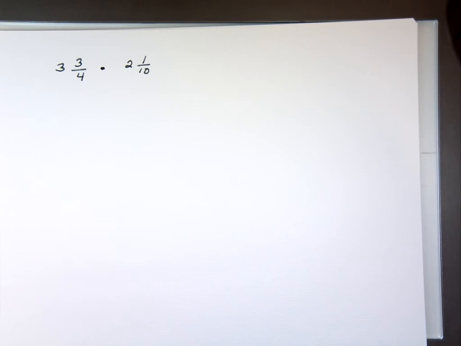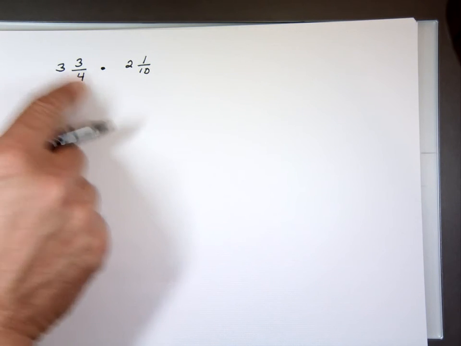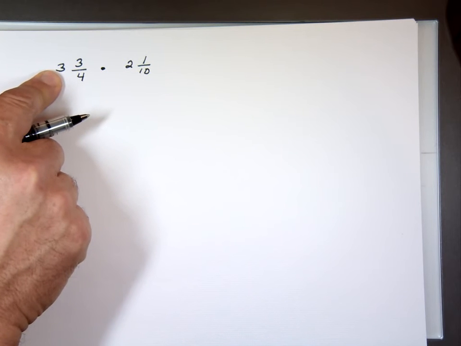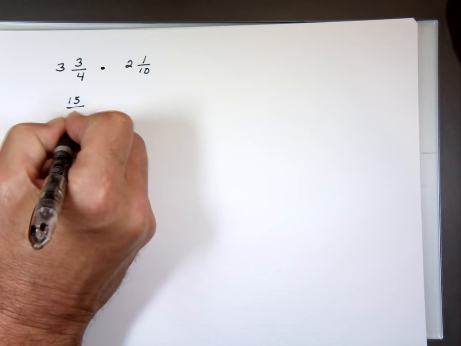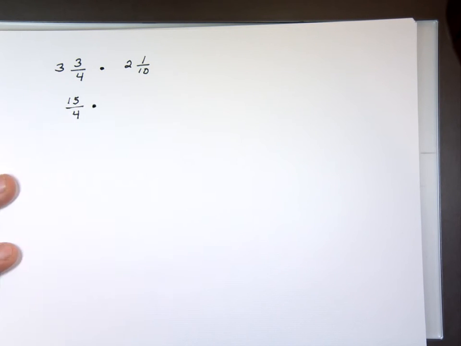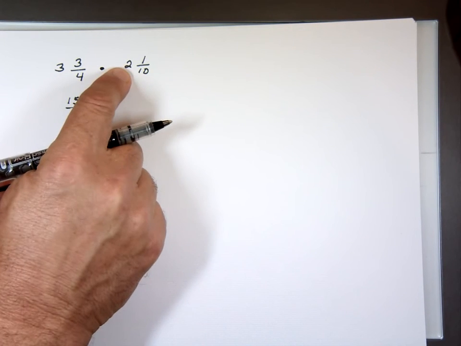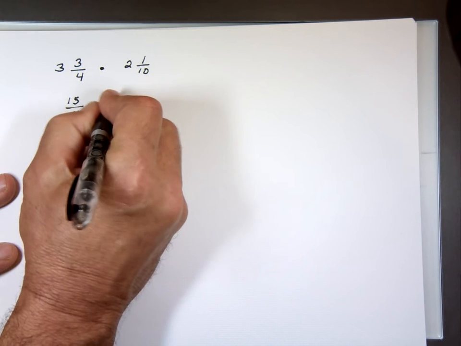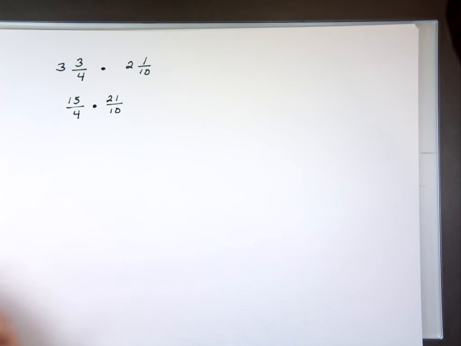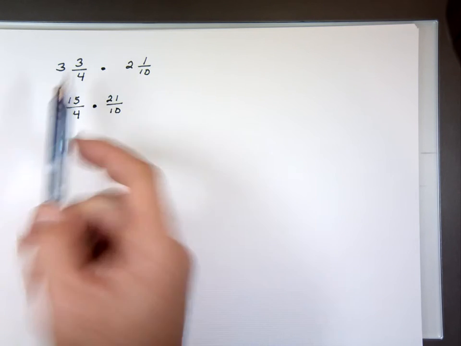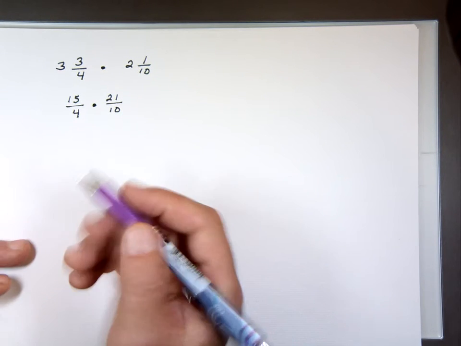You're going to see me always change them to improper fractions with mixed numbers. 4 times 3 plus 3, 15 over 4 times 10 times 2 plus 1. And let's see if I can simplify. I see the 15 and 10. I can divide them both by 5.